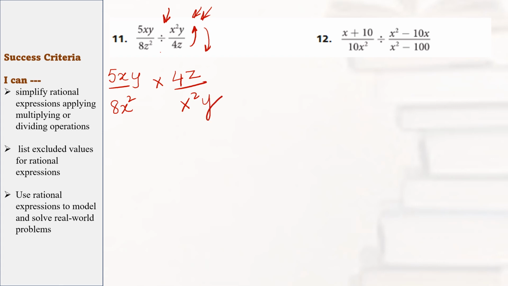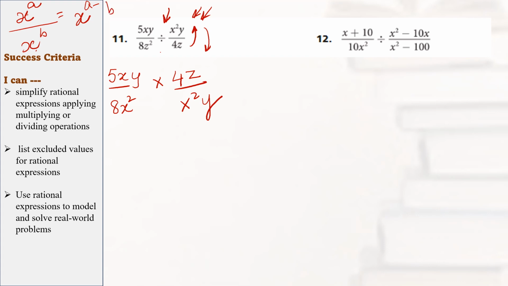Now solve. We know that whenever we have x power a on the top, and in the denominator x power b, if the bases are the same, I write the base as it is, but I subtract the powers. It means a minus b.